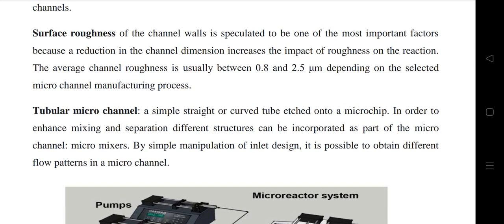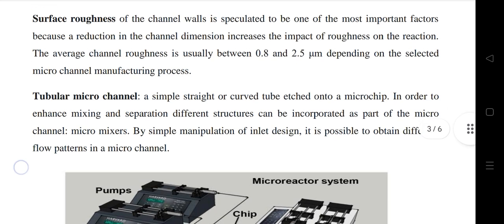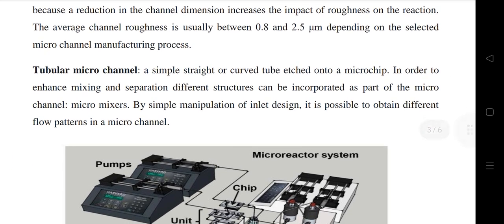The other feature is the tubular microchannel, a simple straight or curved tube on the microchip in order to enhance mixing and separation. Different structures can be used as a part of the microchannel or the micromixers.